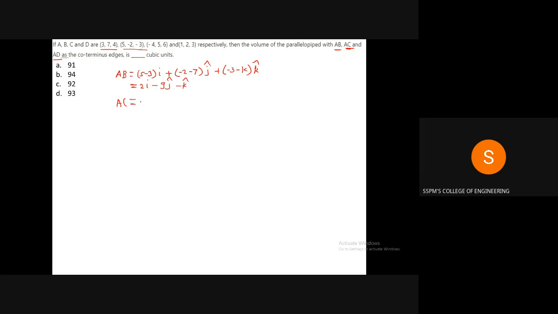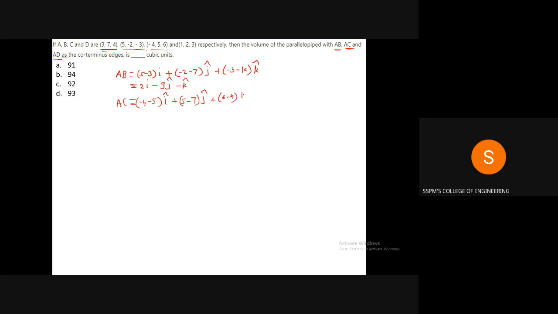Now AC is equal to what? This is A, this is our C. So we have minus 4 minus 3 i cap plus 5 minus 7 j cap plus 6 minus 4 k cap.